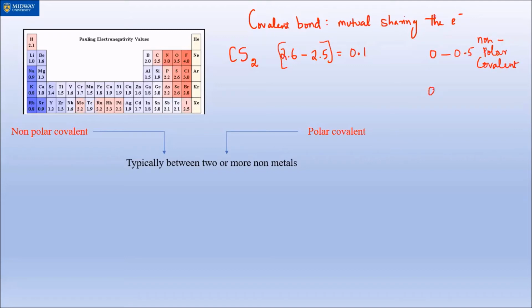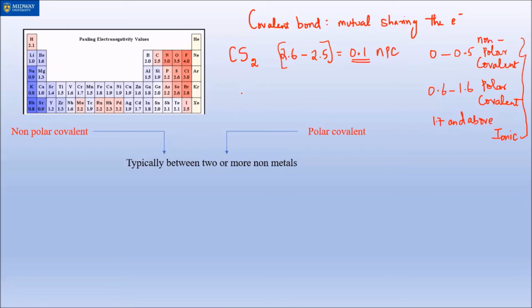If the value is between 0.6 and 1.6, it's polar covalent. And if it's 1.7 and above, it's ionic. This is something you do have to remember. This is actually the value difference, that is this value right here. So it's 0.1, so this is non-polar covalent.